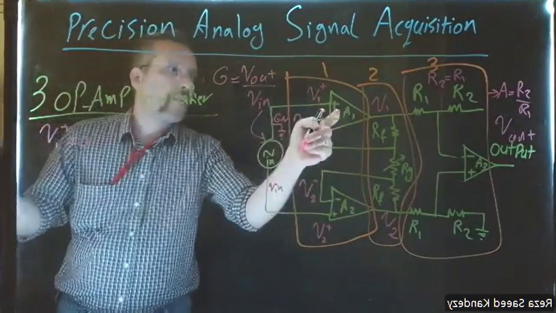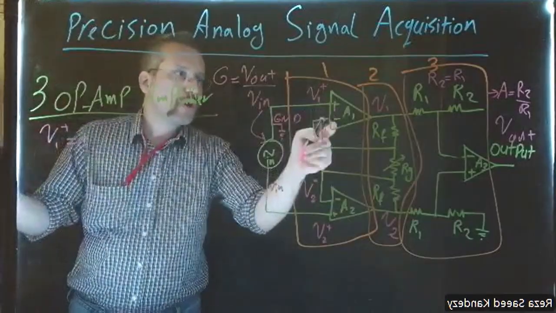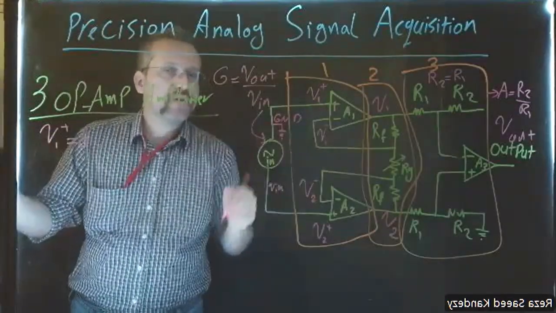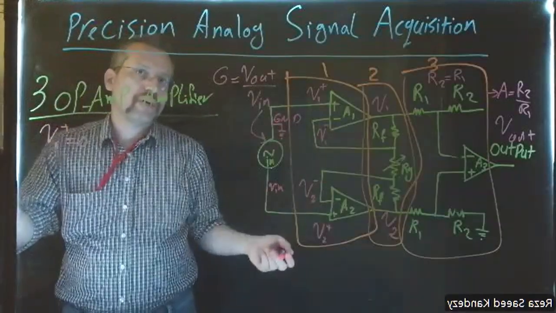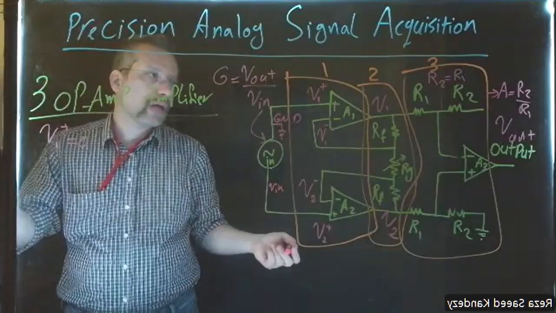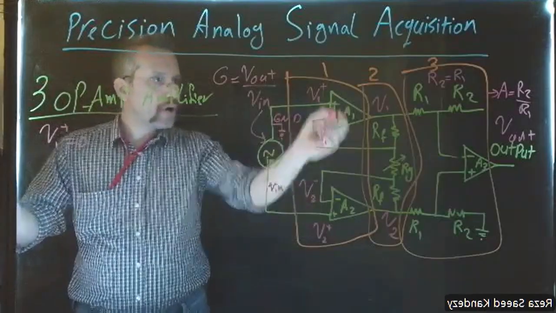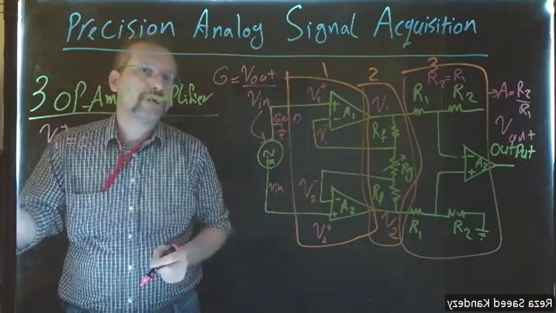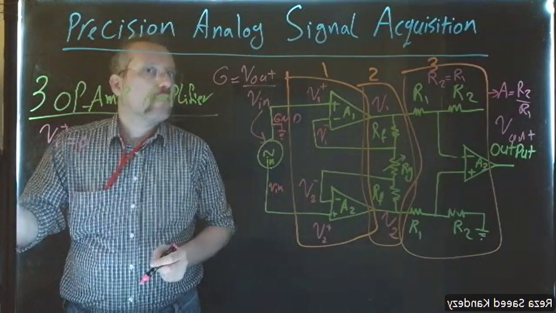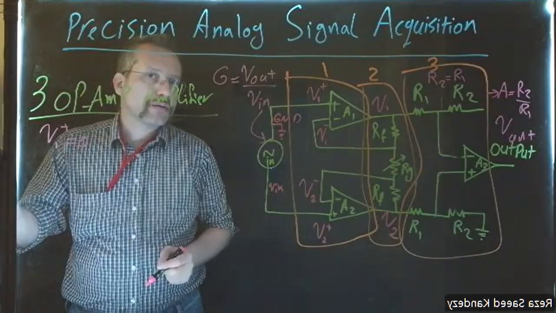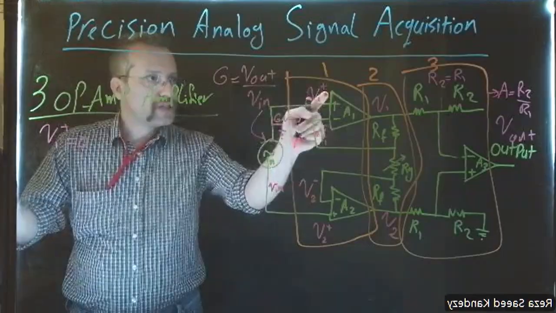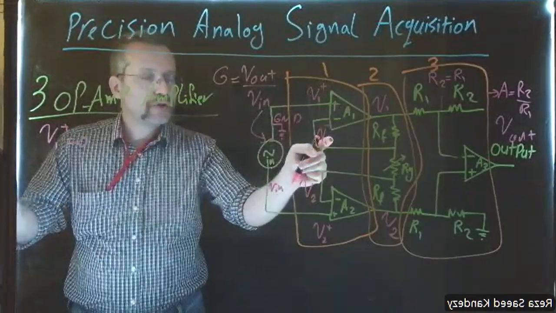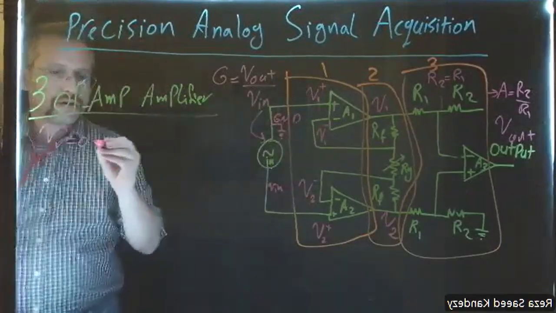Now, we have an op-amp. Between the two ports of the op-amp, between the inverting and non-inverting, we have a very high impedance, ideally infinite. What does that mean? That means there is no current passing between the two terminals. And if you have no current, there is no voltage drop between the two. So if this is 0, the inverting voltage is also 0.